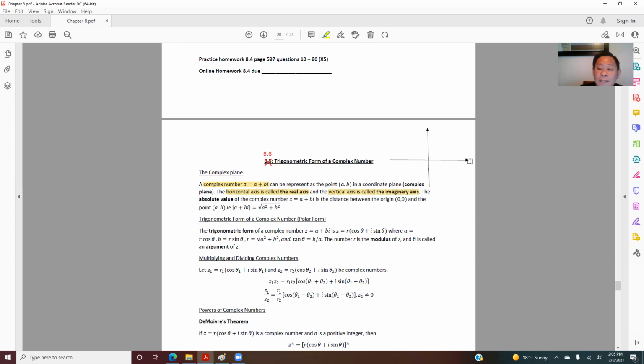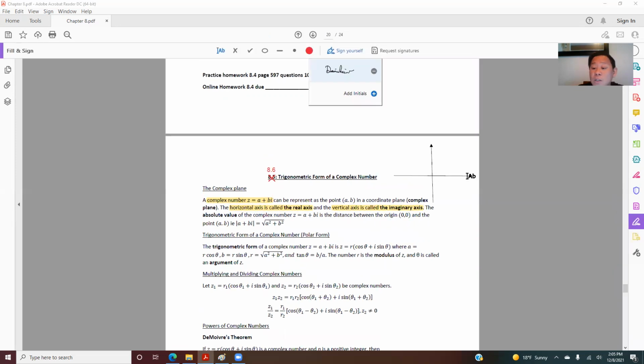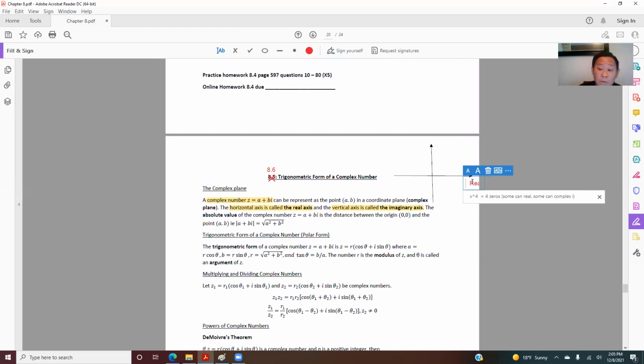For example, if you have a complex plane like x and y, instead of using x and y, the x in this case is the real and the y is the imaginary.